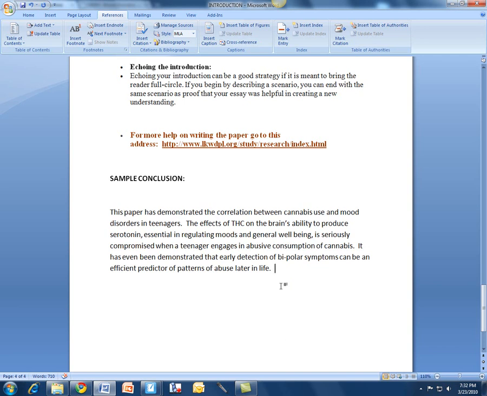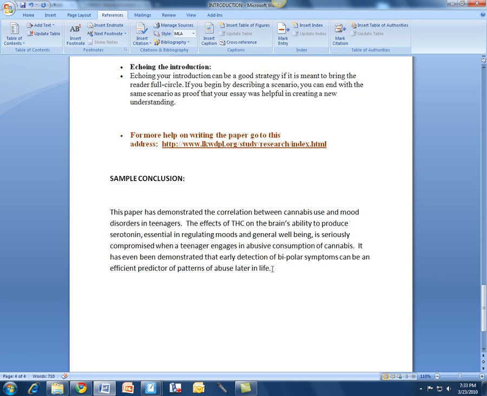It has even been demonstrated that early detection of bipolar symptoms can be an efficient predictor of patterns of abuse later in life. So with this last point here, I'm assuming that, well, let's pretend that I've already discussed this in my earlier paper, because you should not bring new information to a conclusion.